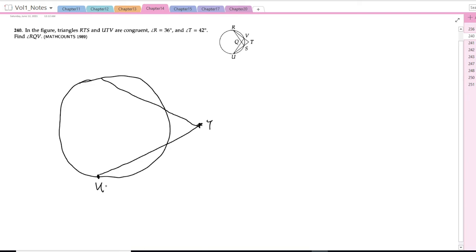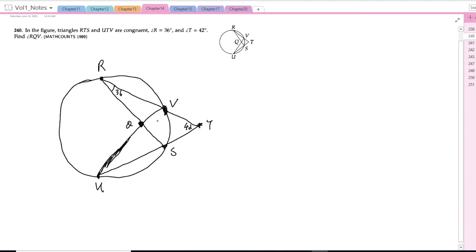We have these points U, S, V, R. Okay, we have RTS and we have UTV. So these two triangles are congruent. If they are congruent, then this is 42 degrees. R is 36 degrees. What is RQV?